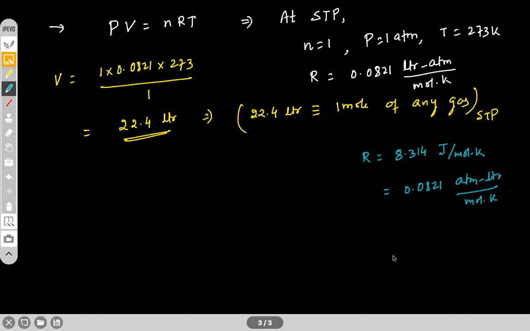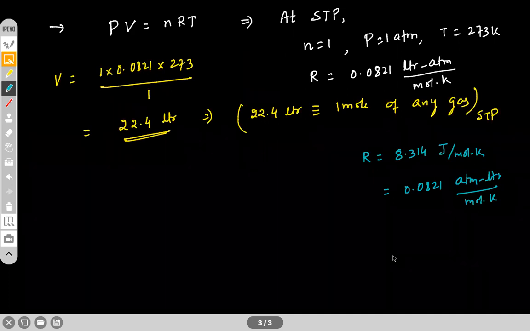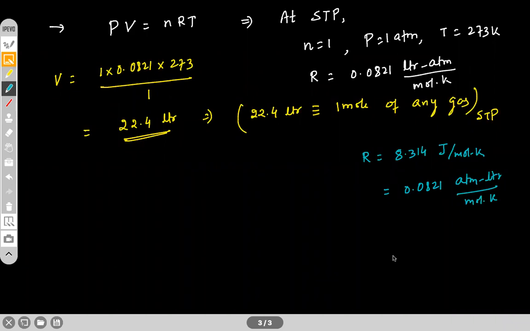When you remove that proportionality sign, you have to provide a constant over there. That constant, with the derivation, we'll do in states of matter, not now. That constant is the gas constant, the R value. R signifies that the ratio of pressure into volume and the amount of gas into its temperature is always a constant at a given state.